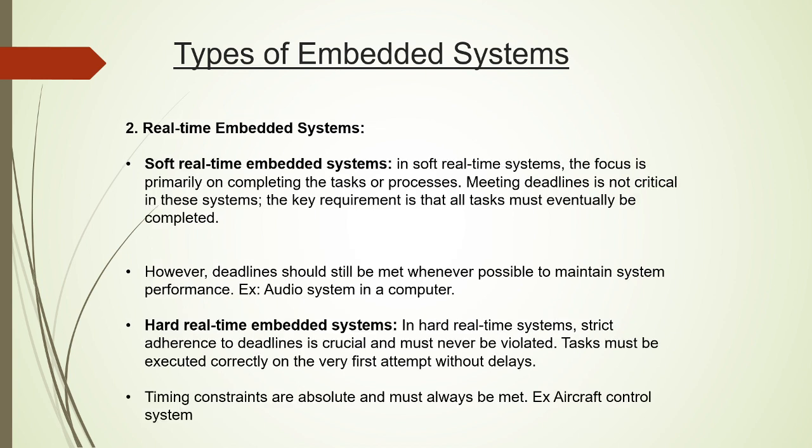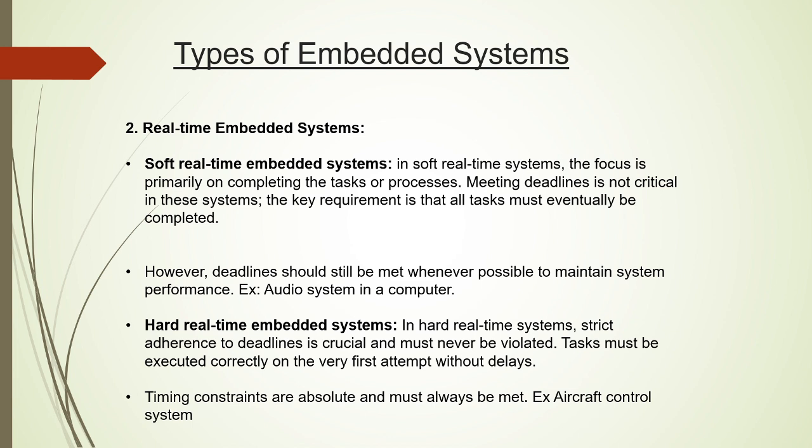Soft real-time embedded systems. In soft real-time systems, the focus is primarily on completing the processes. Meeting deadlines is not critical in this system. So, real-time embedded systems focus on completing the task within the deadline, but soft real-time embedded systems focus on completing the task without a specific deadline.